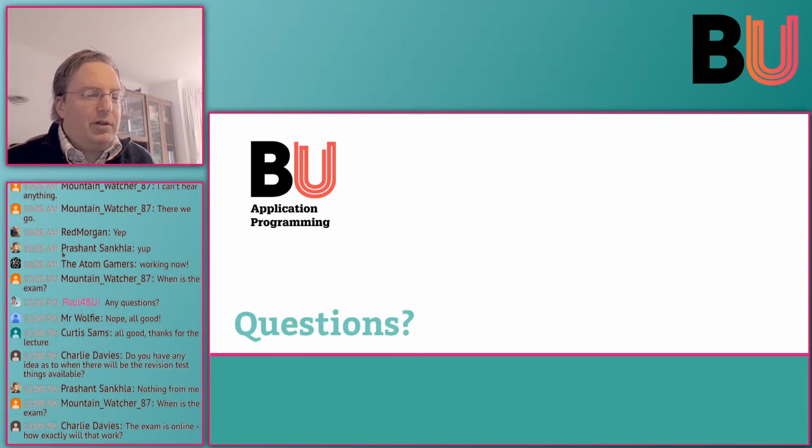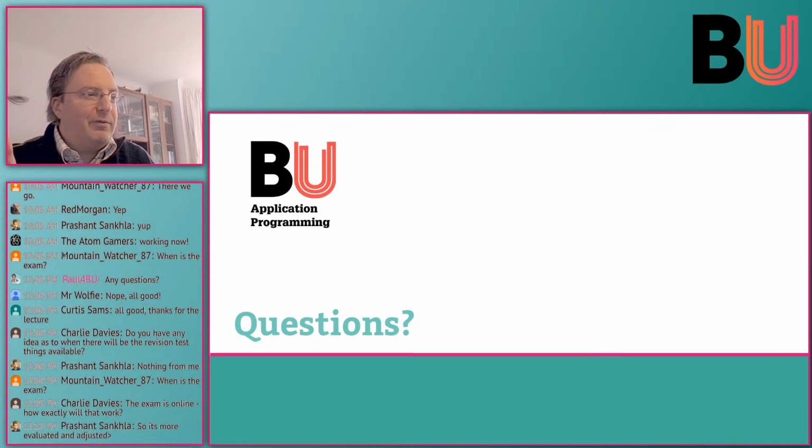So there will be a time period in which the test is live. Certain questions might be something that everyone gets wrong or everyone gets right, and I will adjust a little bit if necessary. But if I give you the mark immediately, I cannot do that. So that's how I do it.